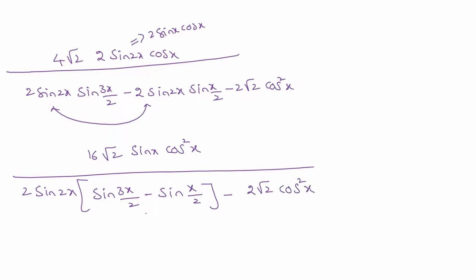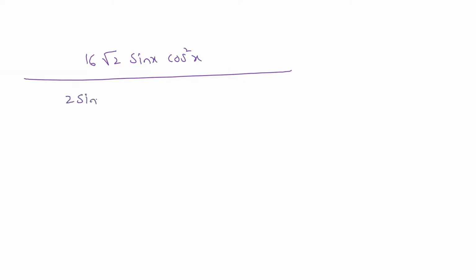Here again, we can apply the formula sine c minus sine d, and let's see what we get. The numerator is still 16 root 2 sine x cos square x, and in the denominator we get 2 sine 2x, and the bracket term where we applied sine c minus sine d gets converted into 2 cos x sine x by 2, and minus 2 root 2 cos square x.